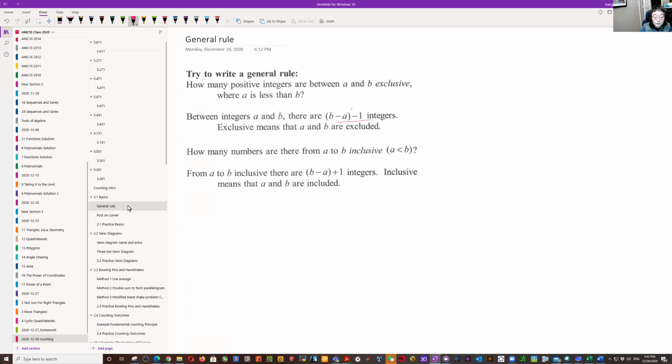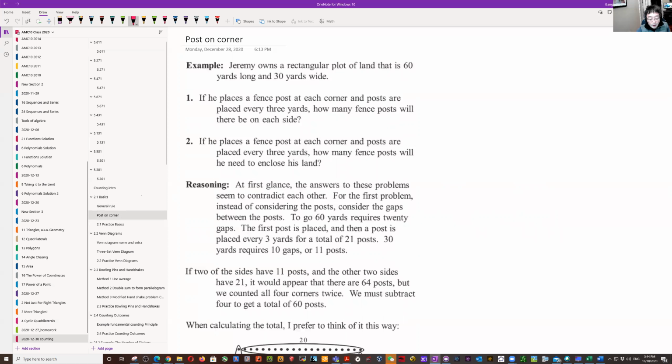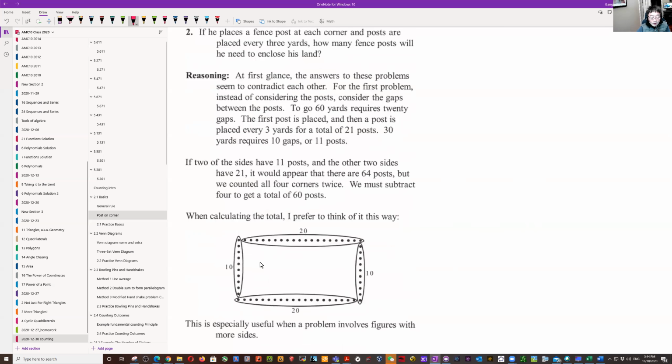And inclusive counting, you basically plus 1. When you do skip counting, you also have to divide by the gap, plus 1. And then there's a special case. Especially in the test, you just have to remember this case.